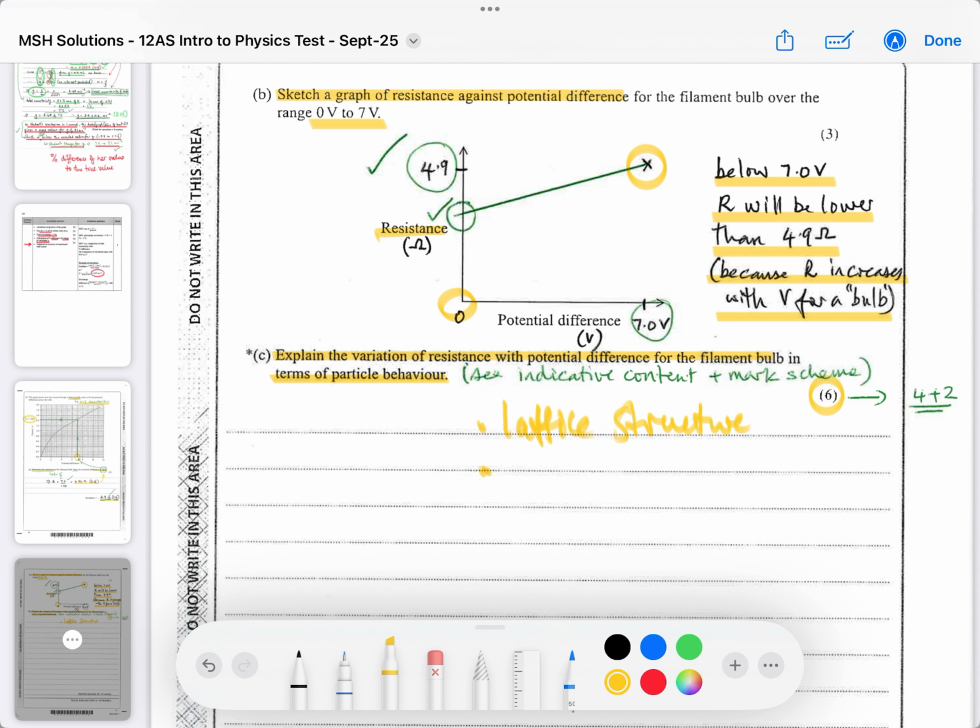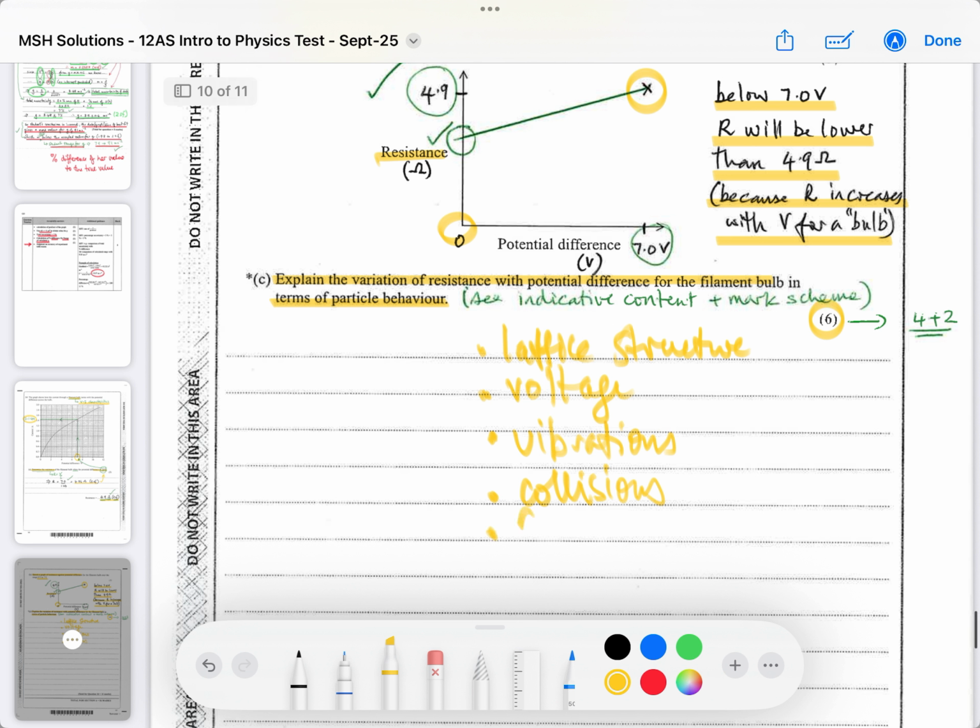They want you to explain how the voltage increases the vibrations. So key words could be the collisions, the rate of collisions with the lattice structure between the conduction electrons, or free electrons, and the lattice structure.